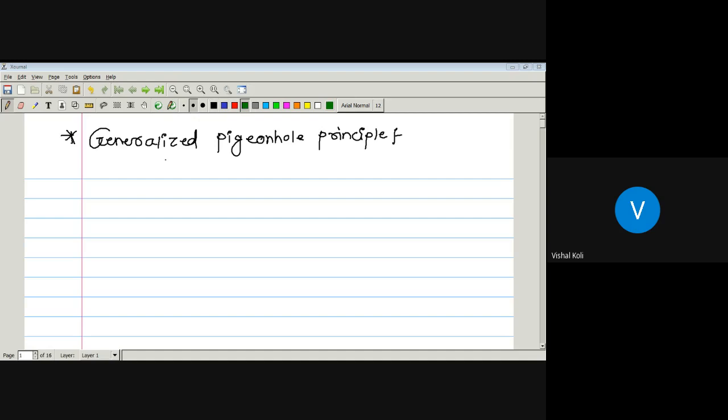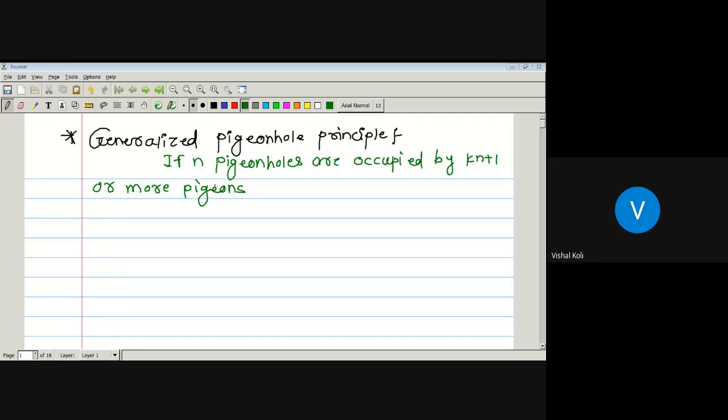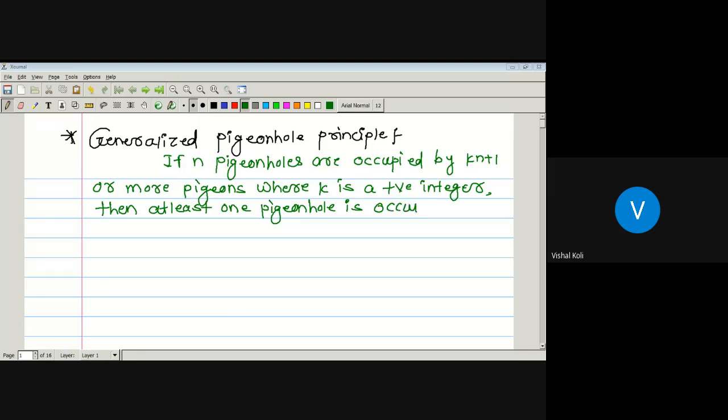If n pigeonholes are occupied by k into n plus 1 or more pigeons, where k is any positive integer, then at least one pigeonhole is occupied by k plus 1 or more pigeons.